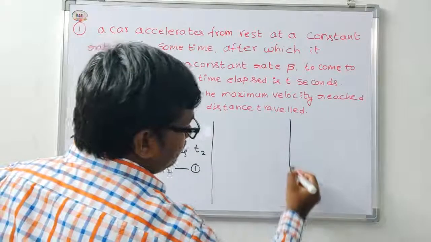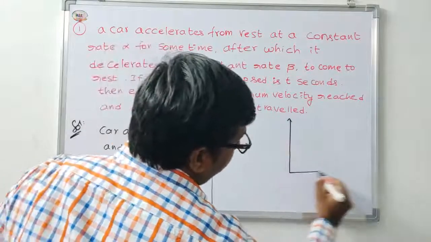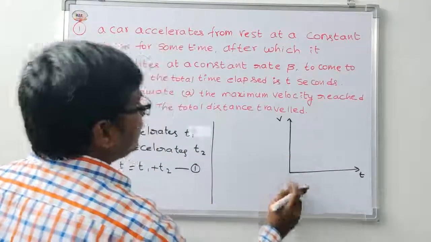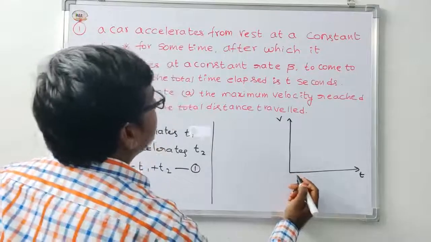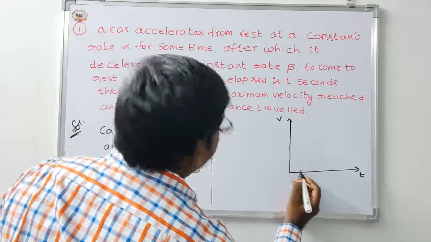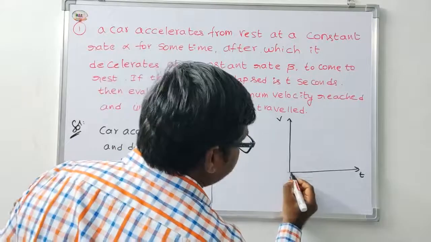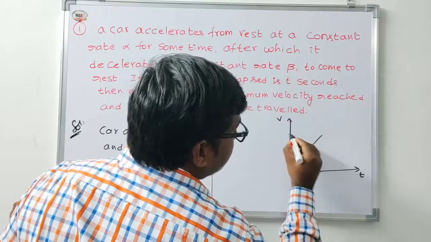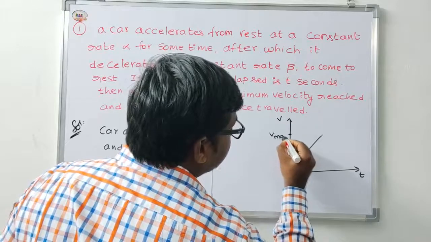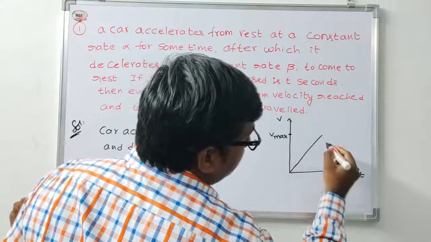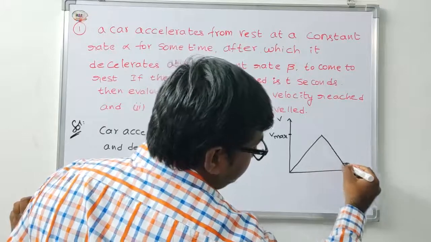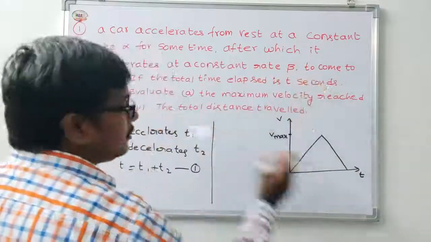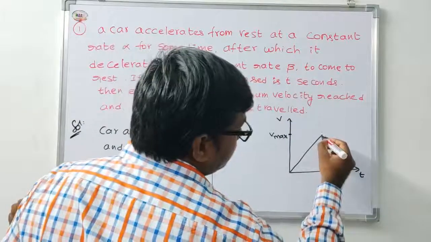From the velocity-time graph, the body first accelerates from rest at a constant rate to reach a maximum velocity, v maximum, and then decelerates at a constant rate beta to come to rest.